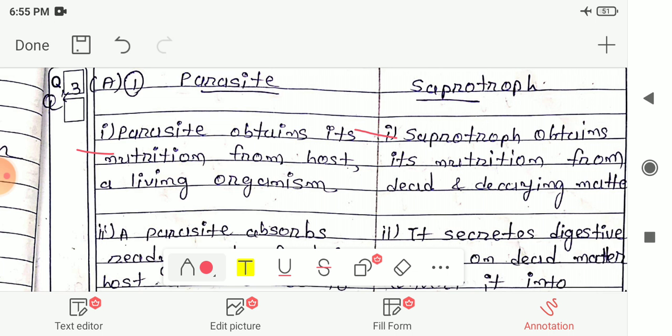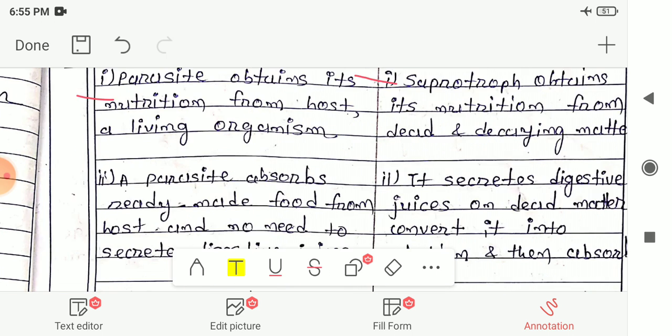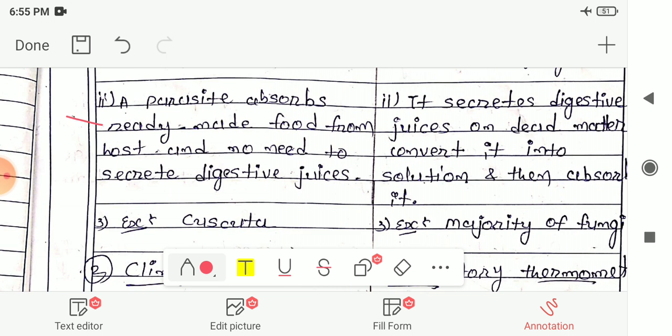Those organisms are known as saprotrophic organisms. Next, a parasite absorbs ready-made food from the host and has no need to secrete digestive juices. While getting nutrition from the host, the parasite absorbs food directly from the host. There is no secretion of any digestive juices.